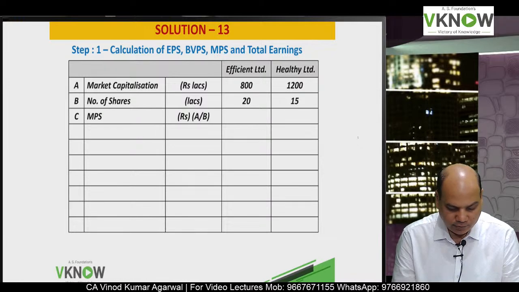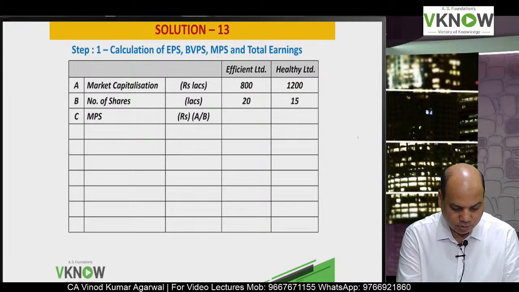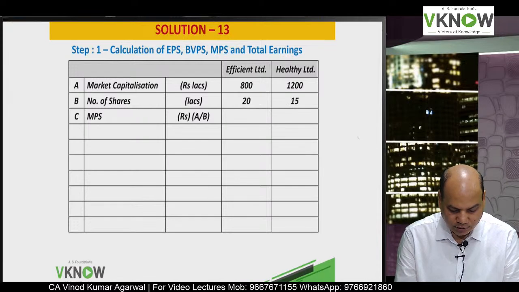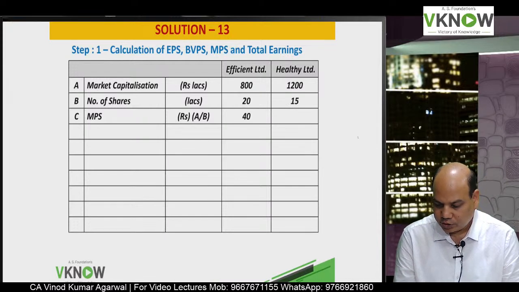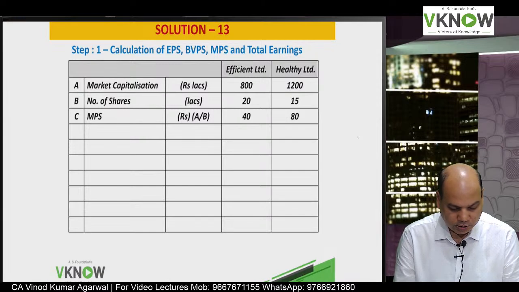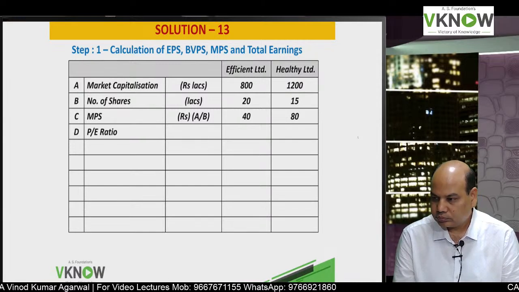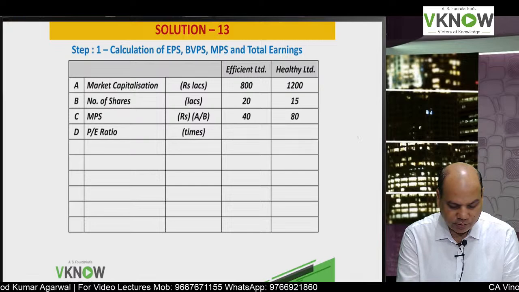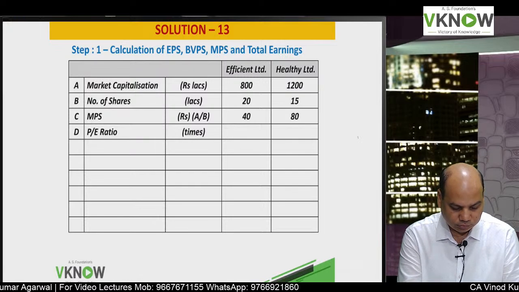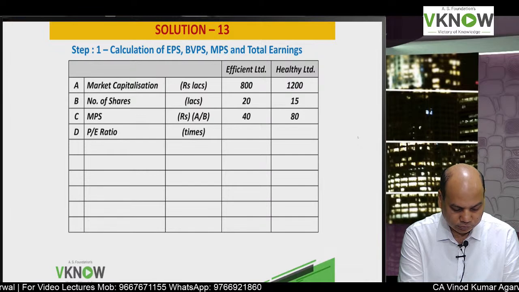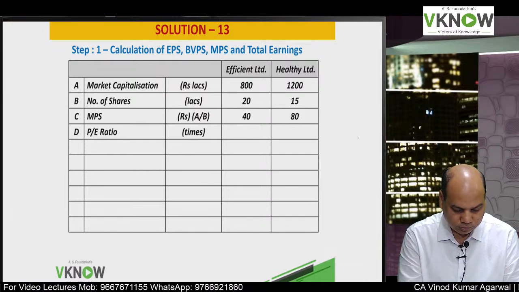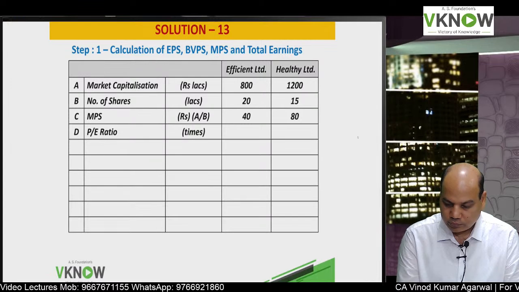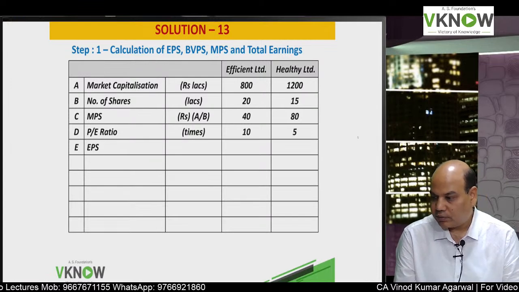MPS will be A divided by B. 40 rupees, 80 rupees. P/E ratio in times, given, which is 10 and 5.